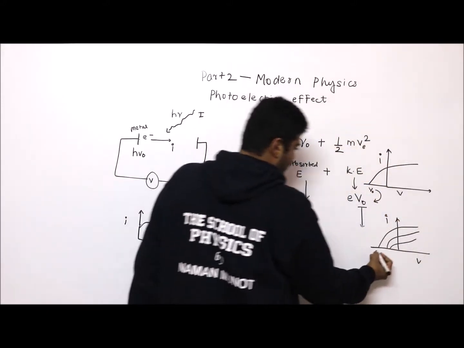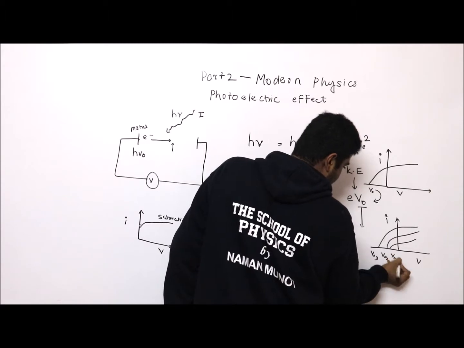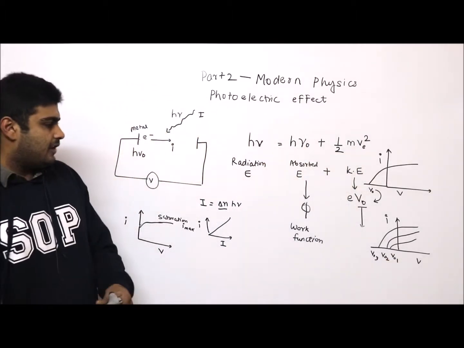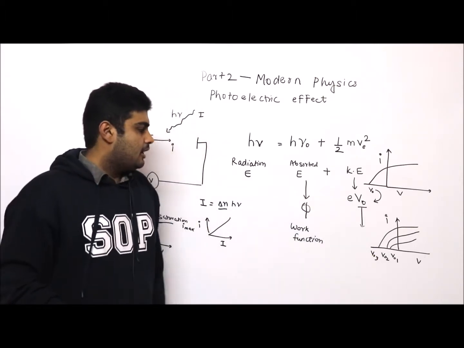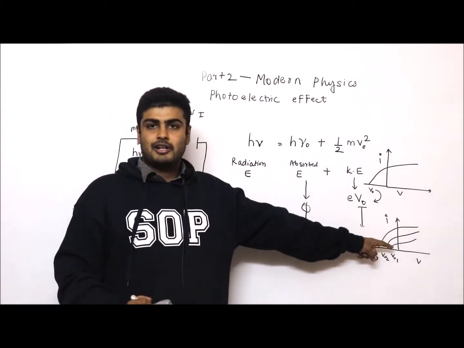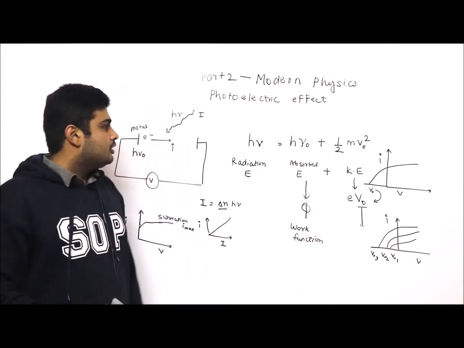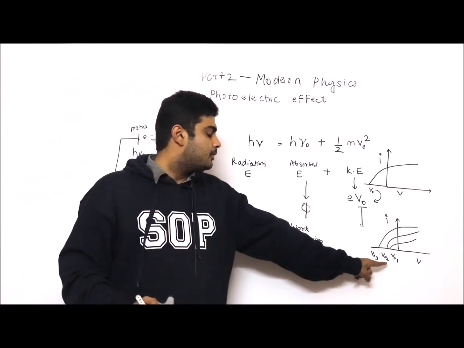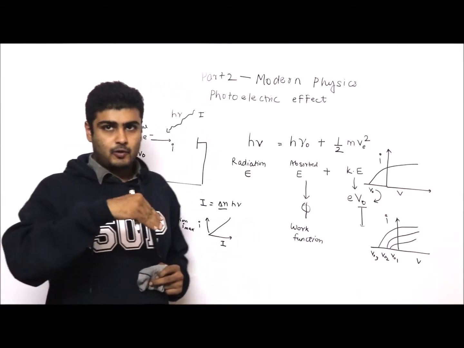When we bring the current down, this is stopping potential 3, this is stopping potential 2, and this is stopping potential 1. As you can see, the magnitude of stopping potential 3 is greater than that of stopping potential 2, which is greater than that of stopping potential 1. So the stopping potential depends on the frequency of the light that is falling on it.